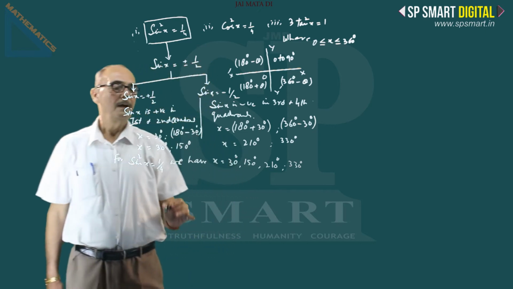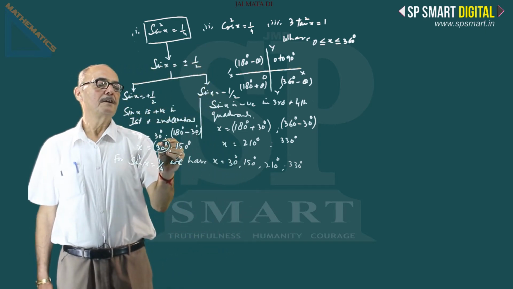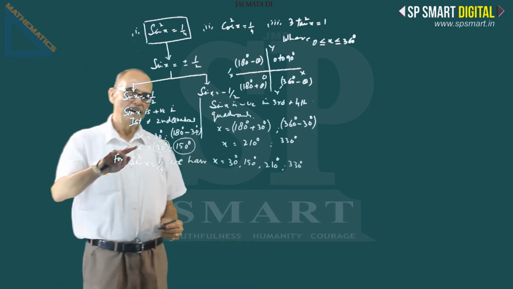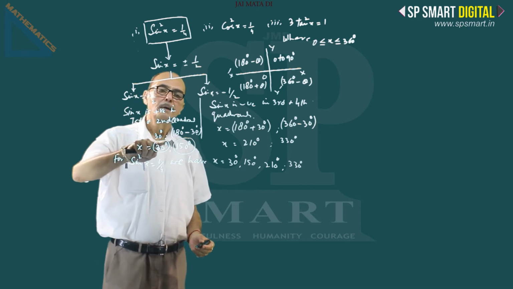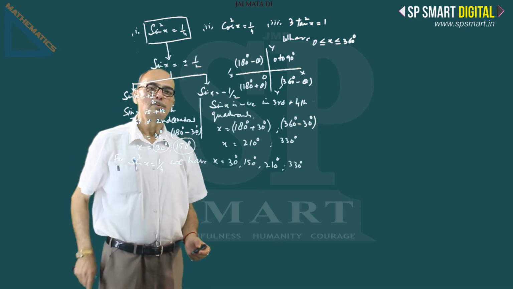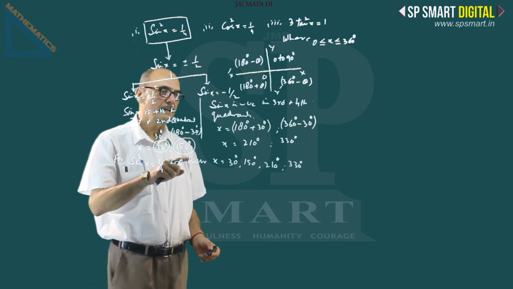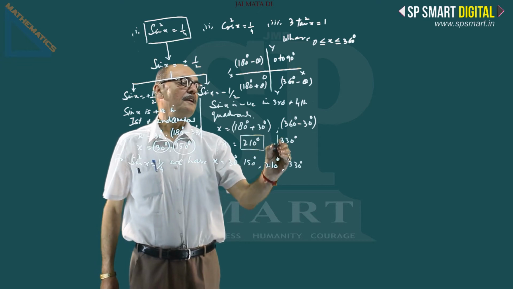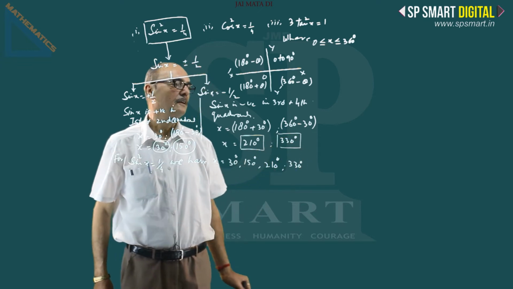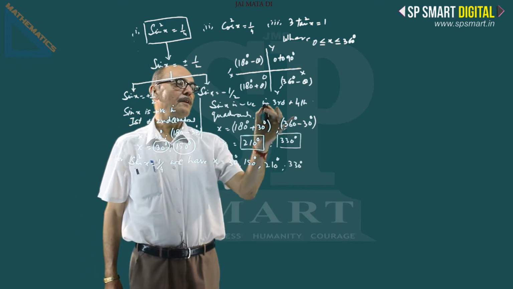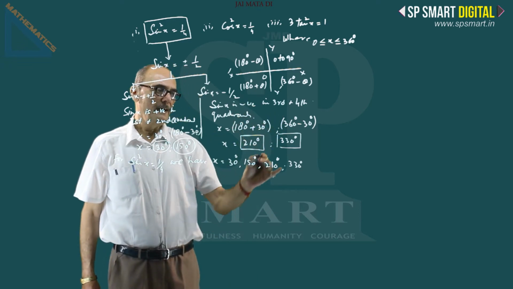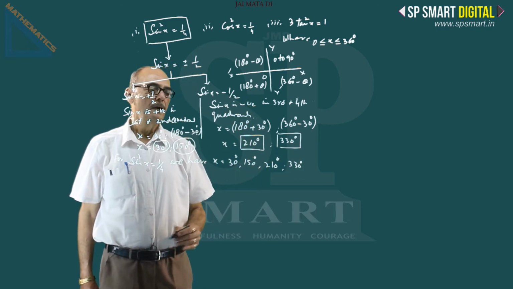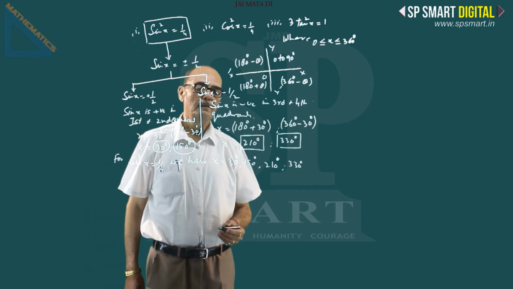Well, if we take either of the values 30 degree or 150 degree, sin of 30 degree is 1 by 2, sin of 150 degree is also 1 by 2. If we take 210 or 330 degree, sin of 210 will be minus 1 by 2 and sin of 330 degree will be minus 1 by 2. So, thus we have these 4 values which satisfy this question.